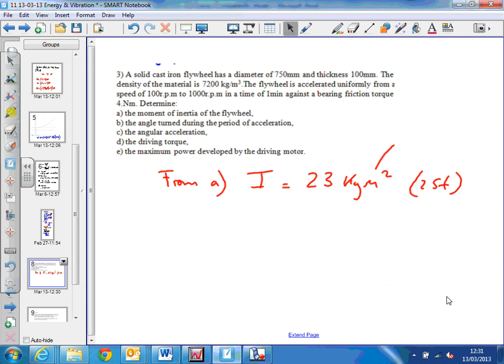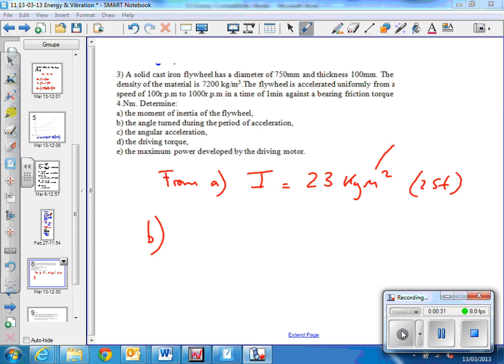Okay, so part B then of this, find the angle turned during the period of acceleration. Useful formula to find theta: two pi times the number of revolutions.